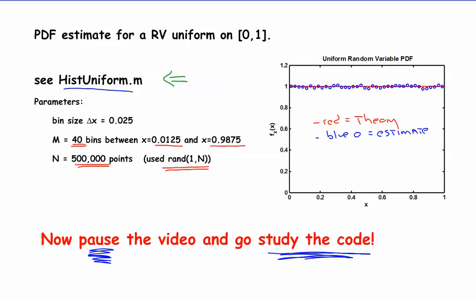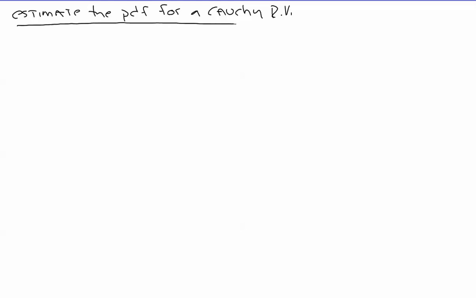Now I'm going to assume that you have indeed paused the video and studied the code, and I want to take things one step further. Let's see if we can estimate the probability density function for a Cauchy random variable.